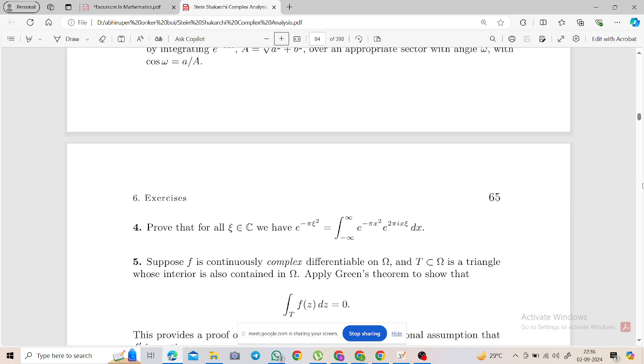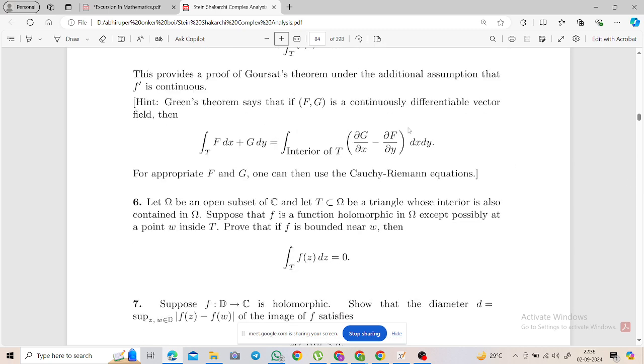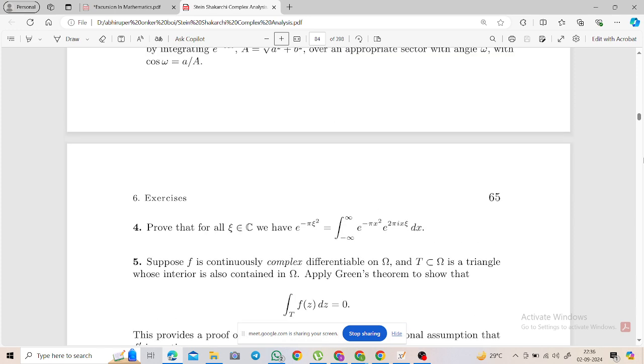Not a single exercise is doable here. I mean, doable means it's doable, but it will take a lot of effort. So, like this one, 5. Have you tried it?